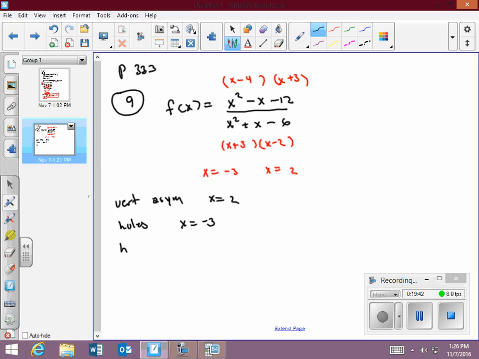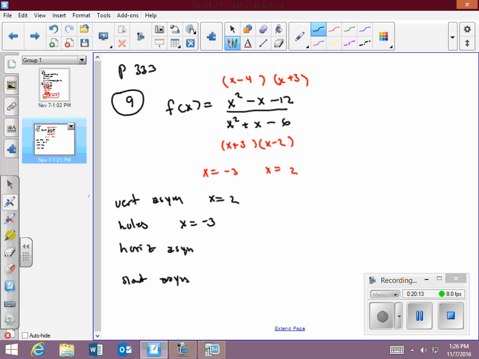which does this have, a horizontal asymptote or a slant asymptote? Which is it? It's horizontal. Why is it not a slant? What would have to be true if it were a slant asymptote?